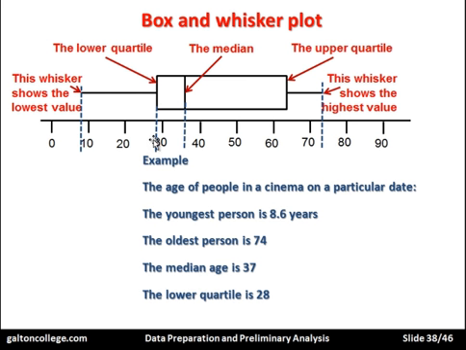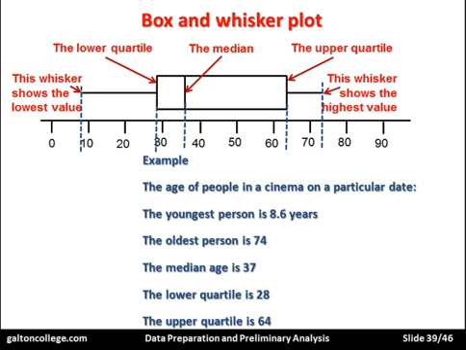The lower quartile means that 1/4 of the people in the cinema are below 28 years old. And the upper quartile is 64. It's over here. So 1/4 of the people in the cinema are above 64. And that is the box and whisker plot diagram.